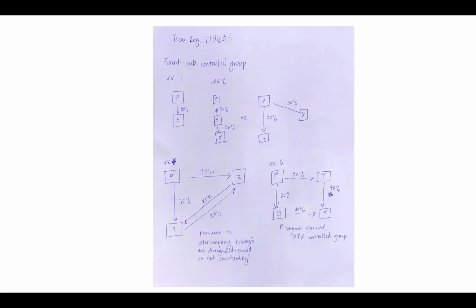There is a provision in the Treasury regulations that says that intercompany holdings, which is what that is, where they each own the same percentage of each other, are disregarded when we're talking about parent-sub relationships. If they're disregarded, that means we treat P as owning 100% of Y and 100% of Z, so therefore they are members of a control group.